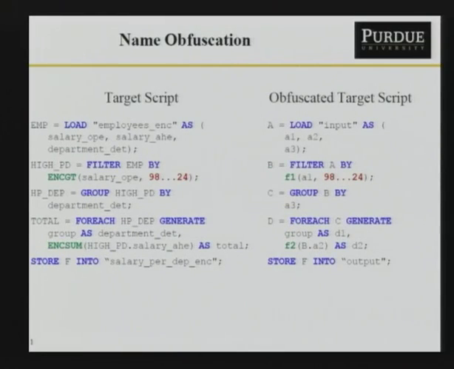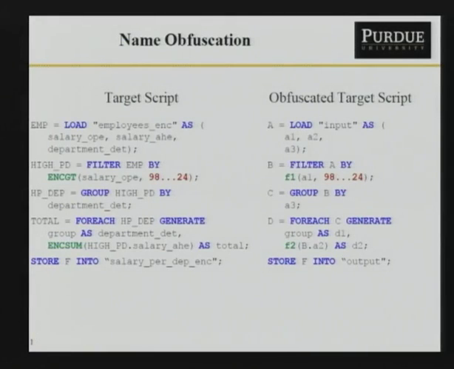So I copied the target script here. This is not exactly the final version that is sent to the cloud, because we might have our data encrypted, but even so, the script itself might leak some information. So before we send the target script to the cloud, we first perform one more step, which is to obfuscate the names.